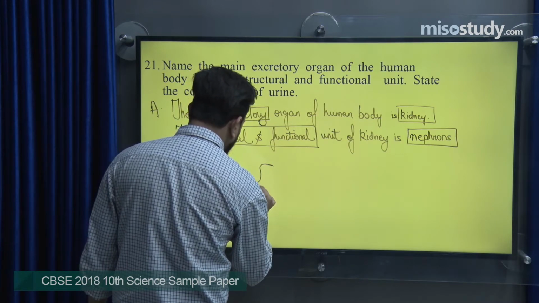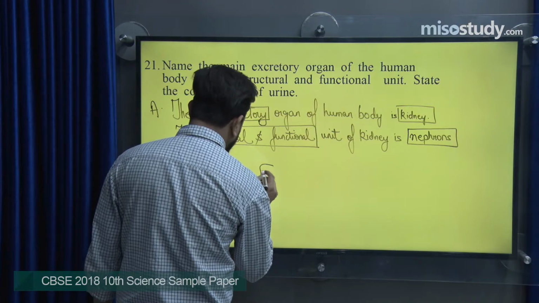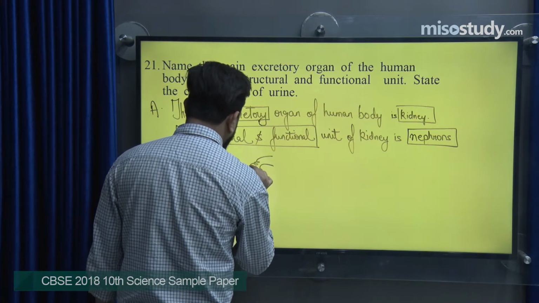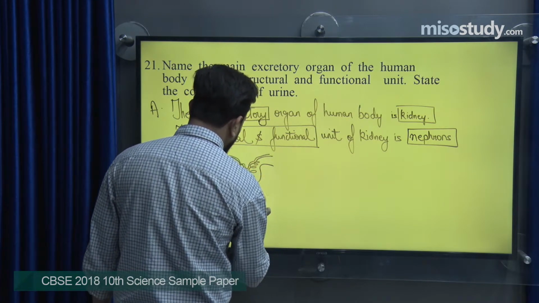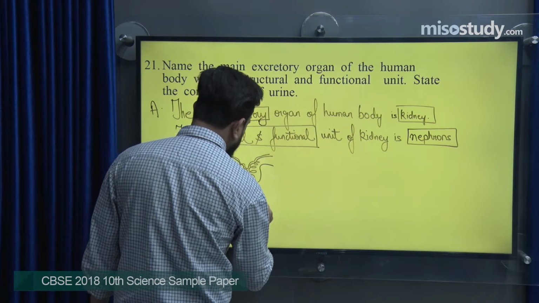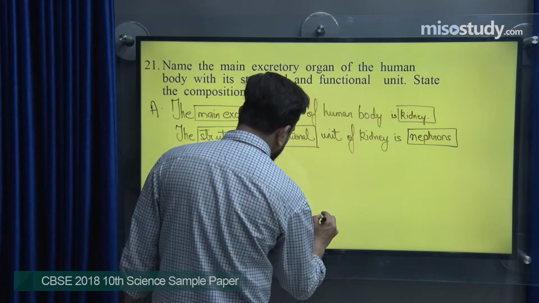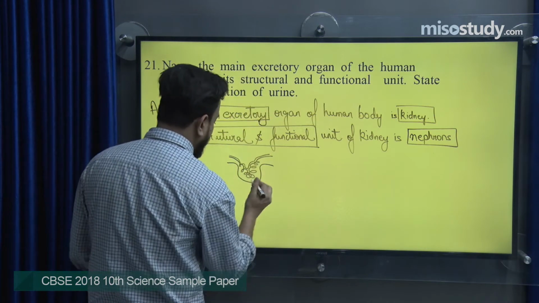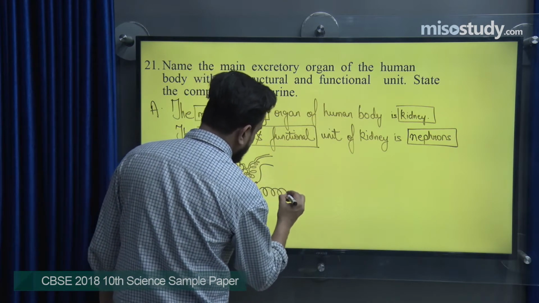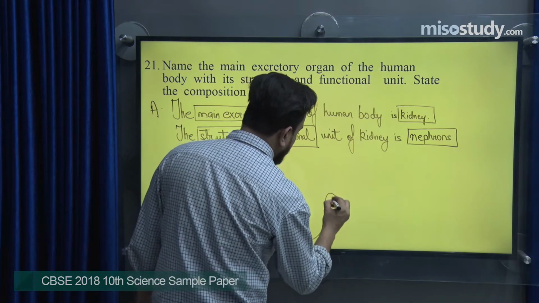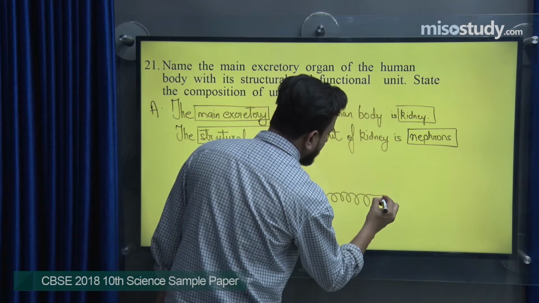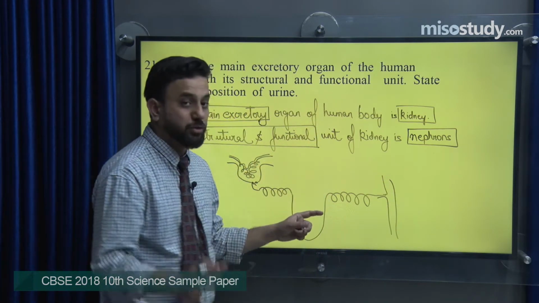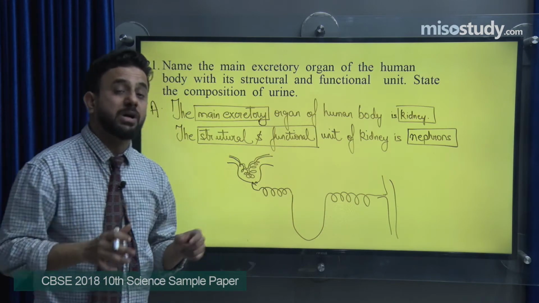This is something called the glomerulus, and then what we see here is the proximal convoluted tubule, then we have the loop of Henle, and then we have the distal convoluted tubule, and finally it goes into the collecting duct, right. I mean, the diagram is not so beautiful, it's a horrible diagram, but we need to understand the concept.